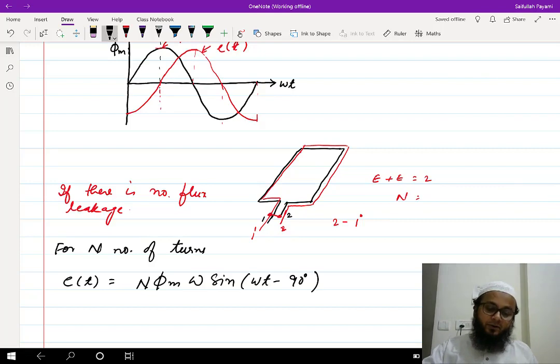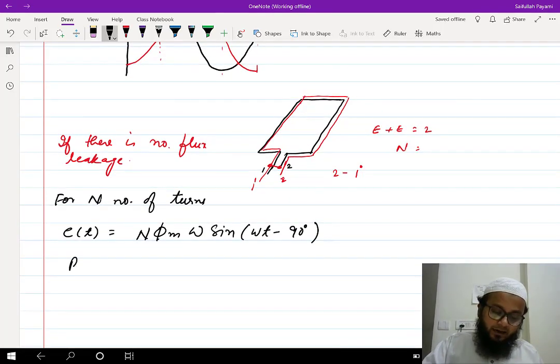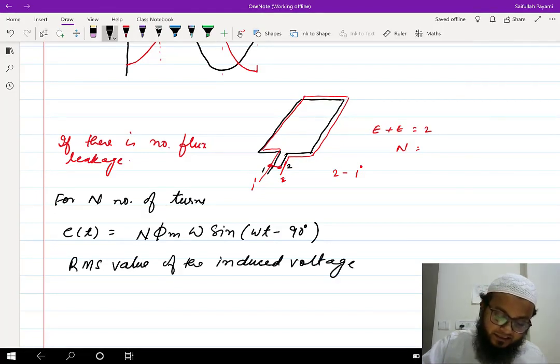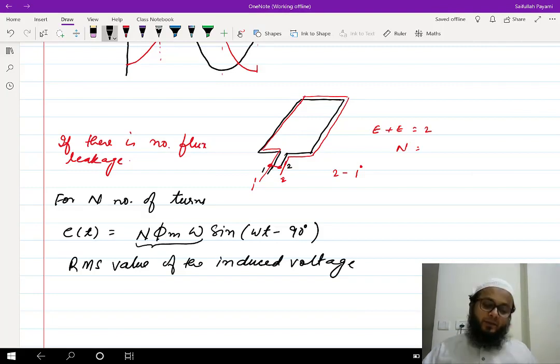Okay, so what is the RMS value of the induced voltage? This is the peak of the induced voltage.